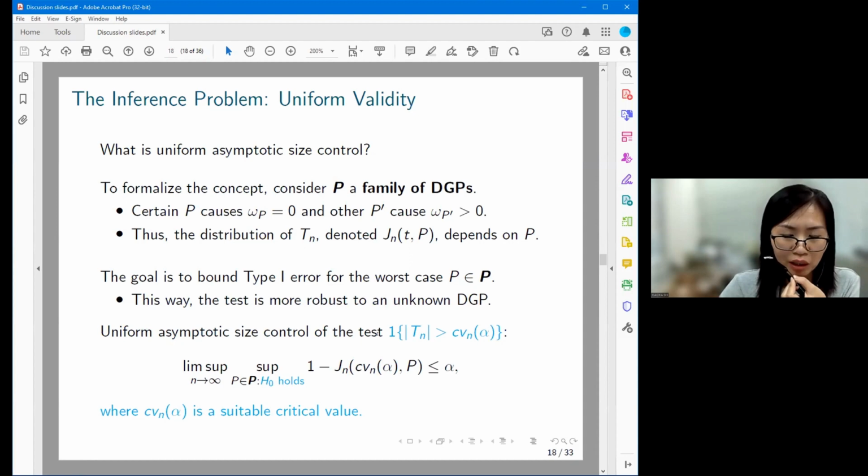Uniform asymptotic size control is for a test that uses Tn as the test statistic and CV_alpha as the critical value. If you reject the null when the absolute value of Tn is bigger than that critical value, then uniform asymptotic size control means that when the null holds, the probability that the test rejects is less than or equal to alpha.